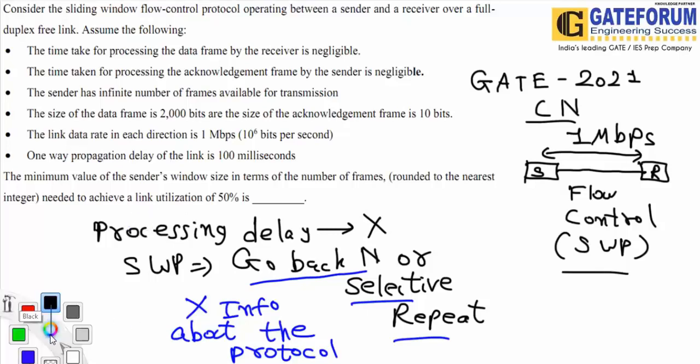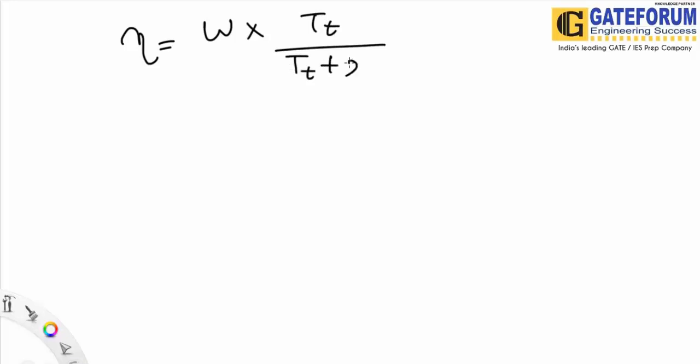So we have a generic formula, where efficiency or utilization, which we represent as eta, is always the window size into transmission delay, upon transmission delay plus 2 into propagation delay plus transmission delay of acknowledgement.